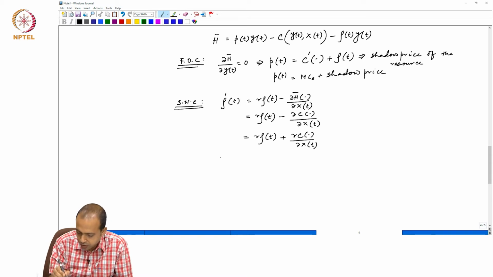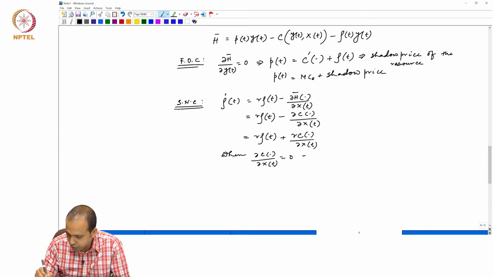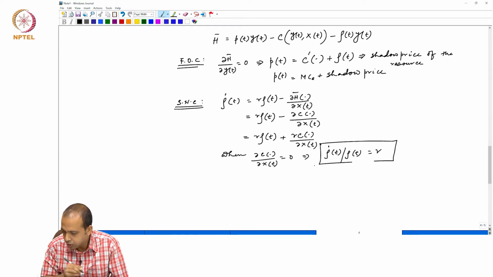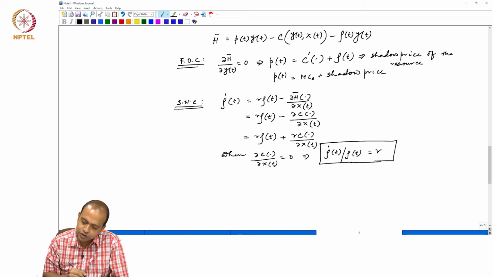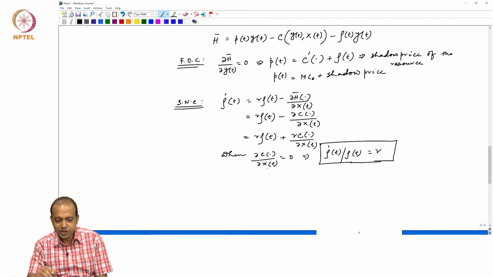Okay. When del C del x t equals to 0, what we can get, that rho dot t divided by rho t equals to R. So, that means when there is no stock effect on cost of extraction, shadow price should grow.